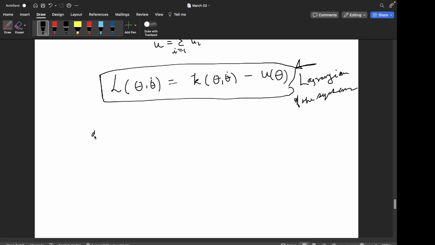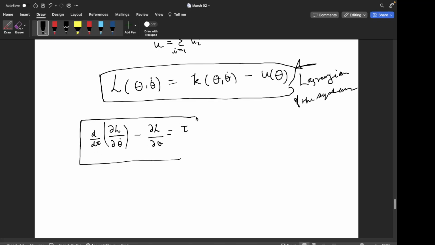So I will just write the final result: d by dt of the partial derivative of the Lagrangian with respect to the joint velocities, minus the partial derivative of the Lagrangian with respect to the joint angles, is equal to the joint torque vector.